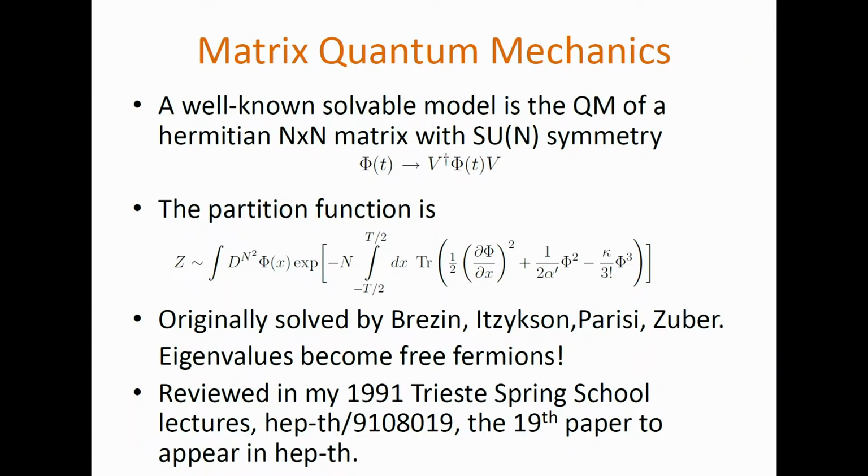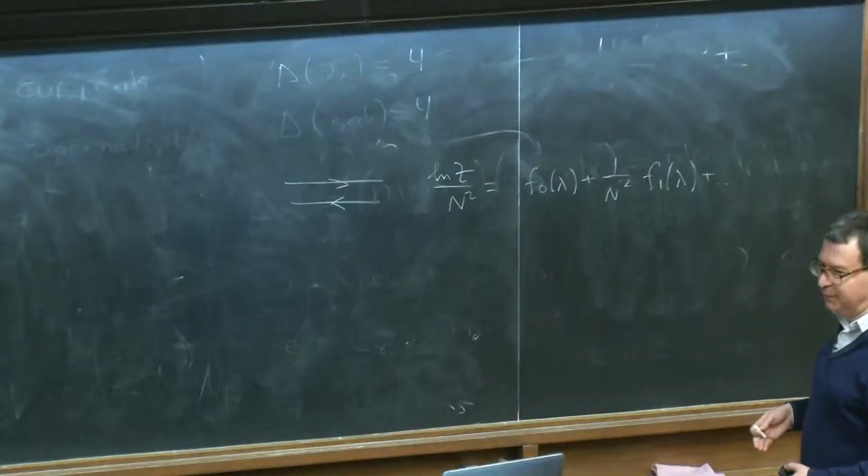So in this type of model, if you write down log Z divided by N squared, you will have basically F0 of lambda plus 1 over N squared F1 of lambda plus dot dot dot. So the suppression is only in powers of 1 over N squared. You don't allow 1 over N. And this is a sign of orientability of the surface.